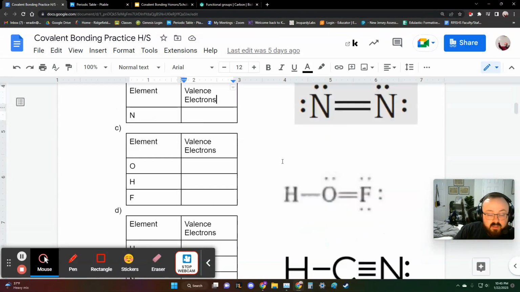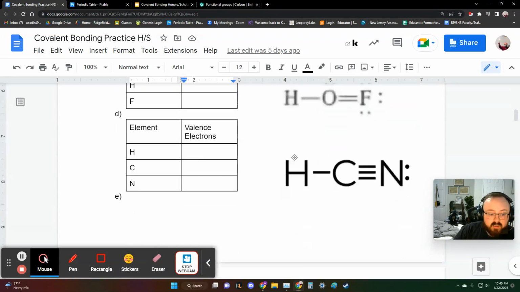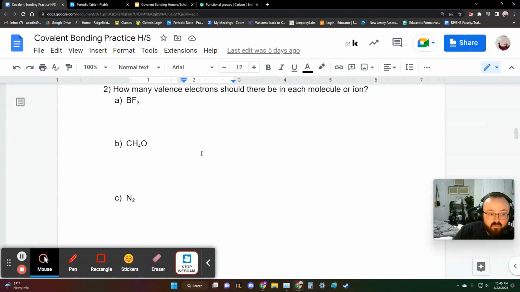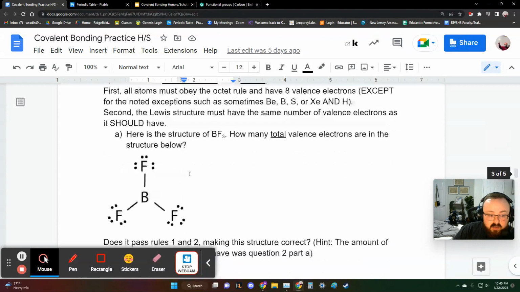But if something does not violate the octet rule, we need to check, does our structure actually have how many valence electrons it should have? There's 2 rules. Number 1, does everything not violate the octet rule? And step 2, are there as many electrons as there should be given the structure?